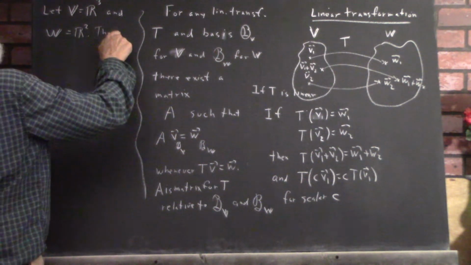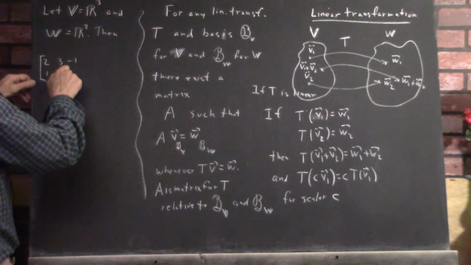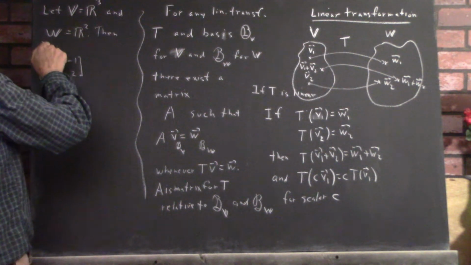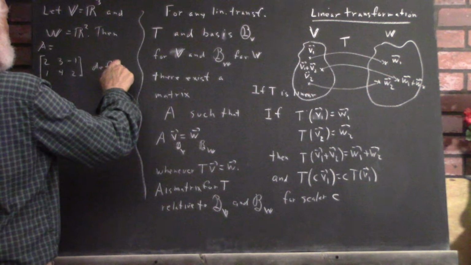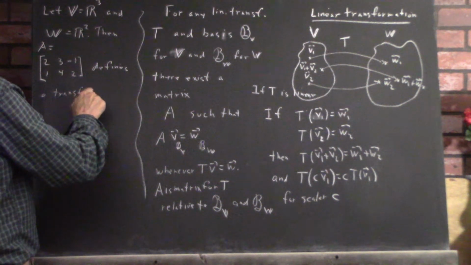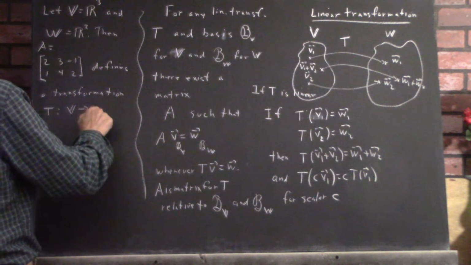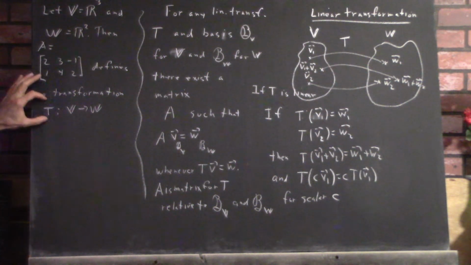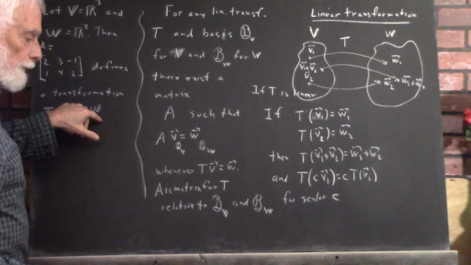Then the matrix A equals 2, 3, negative 1, 1, 4, 2 defines the transformation T from V to W. Now this notation T colon V arrow W just indicates that this transformation maps all the vectors in V onto vectors in W.